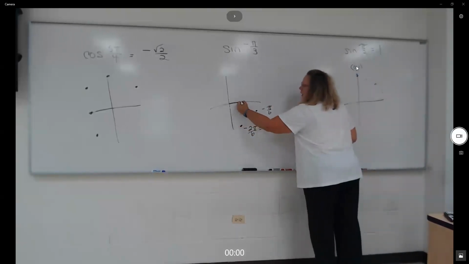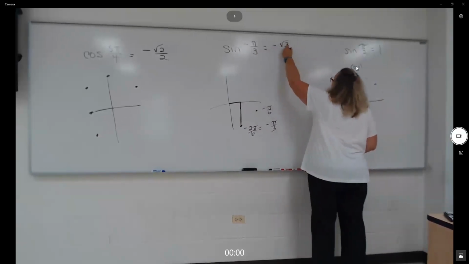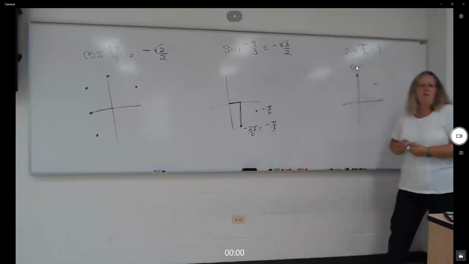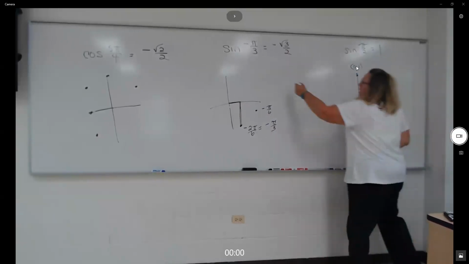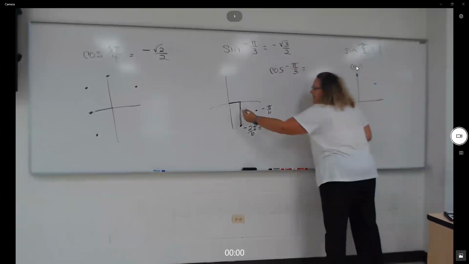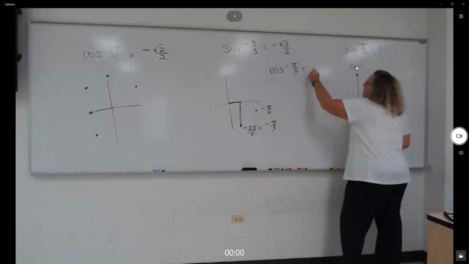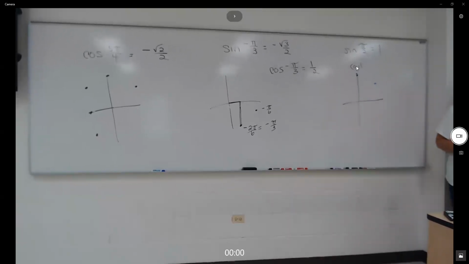So short line, long line. First one's x, second one's y. So negative because I went down, square root of 3 over 2. What is cosine of negative pi over 3? Cosine is the x. So it would be 1/2. Short line, long line.